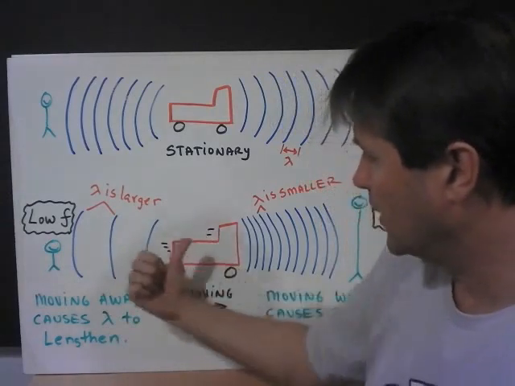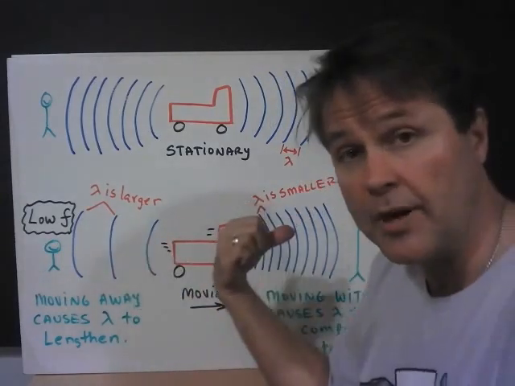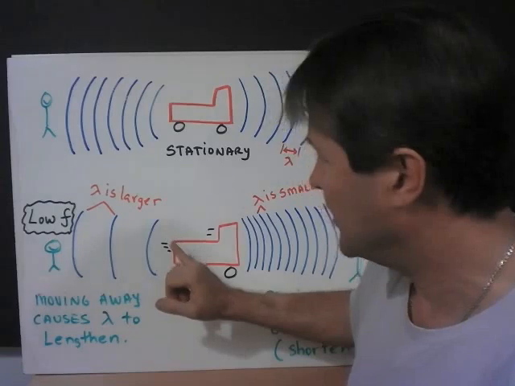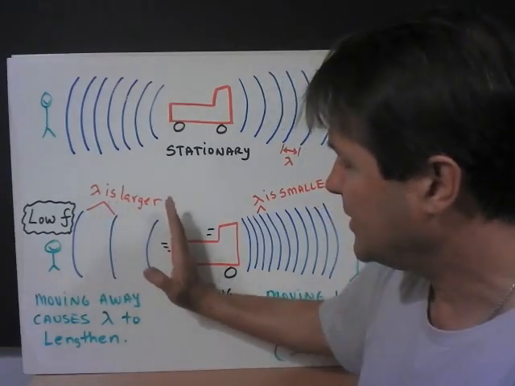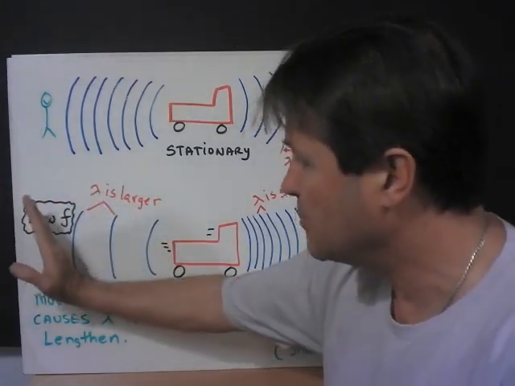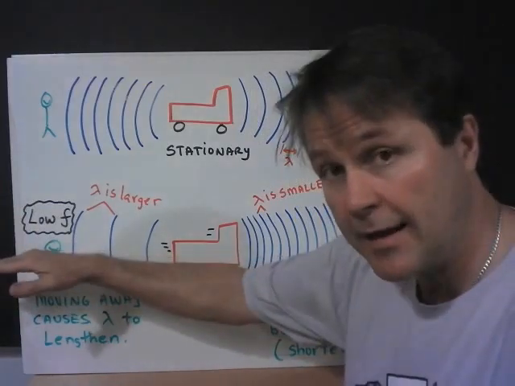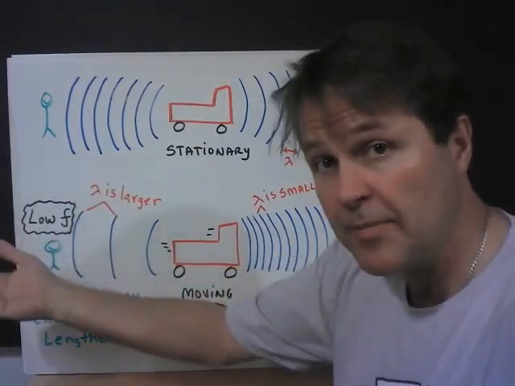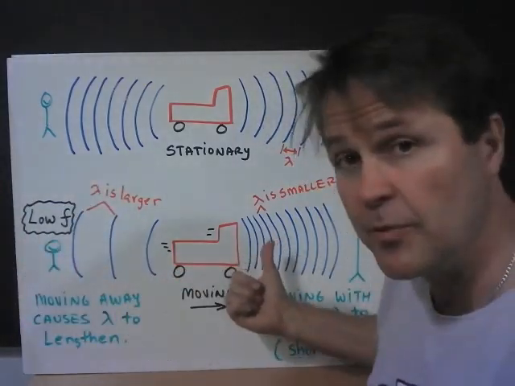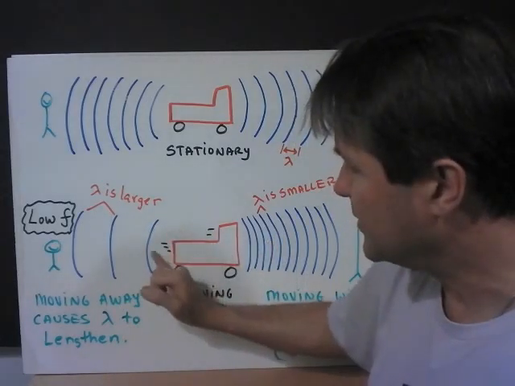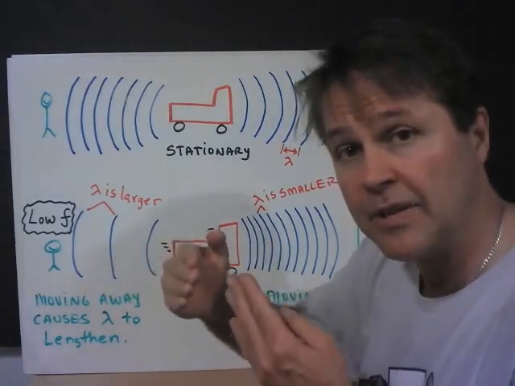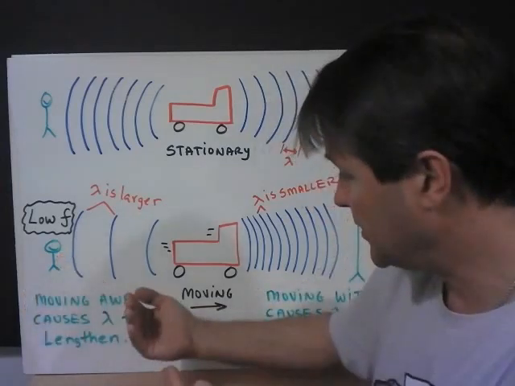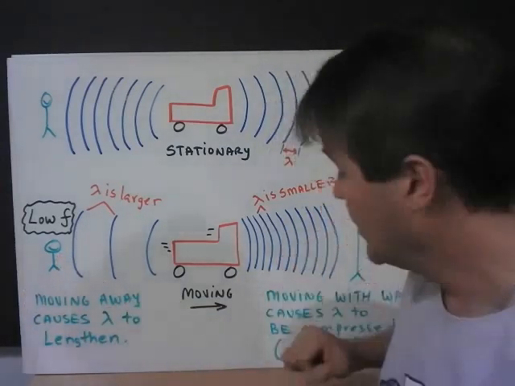But if the fire truck were moving towards the right of the picture, what happens is as the sound is emitted towards the back of the truck, or away from the direction of the movement, these waves now have to travel an additional distance because the sound is moving away.